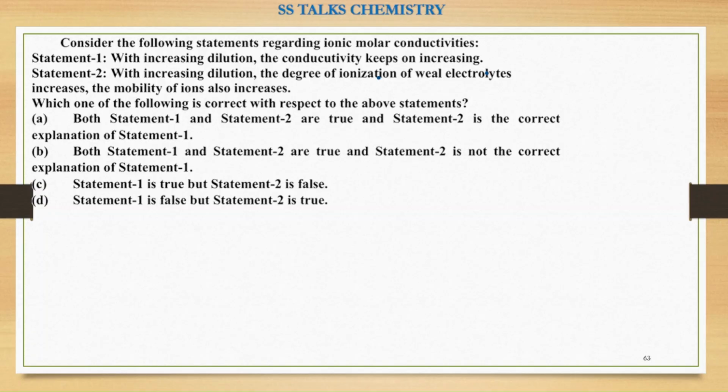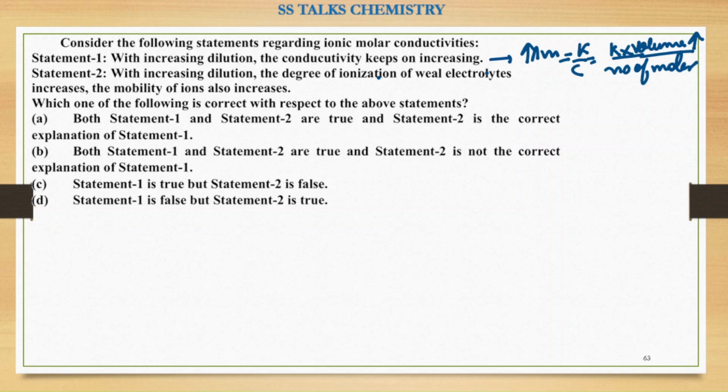For the first one, the molar conductance is kappa upon the concentration, and concentration is expressed as molarity, which is the number of moles of solute upon the volume of solution in liters. So volume comes in the numerator if we are diluting it. With that the volume of the solution is increasing, and hence the molar conductivity also increases. So the first statement is correct.